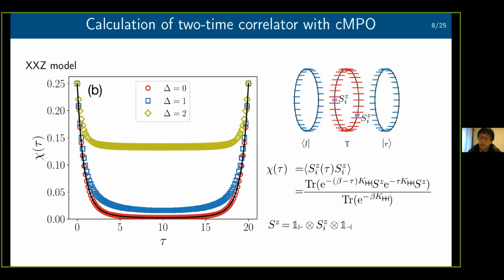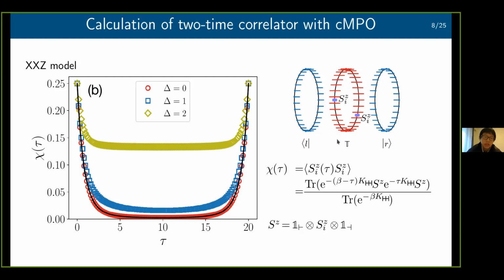To calculate this quantity, we basically only need to insert two different local operators into our CMPO representation, and then we can make use of the boundary MPS that we have optimized to calculate these correlation functions.